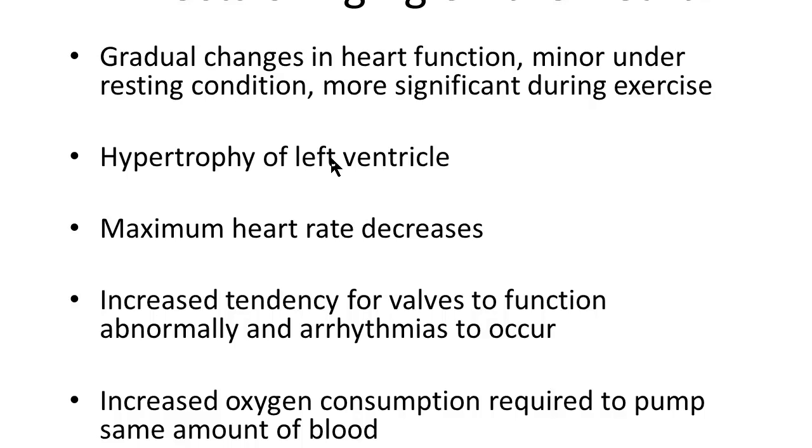And the heart can't pump as quickly as it used to. That cardiac conduction system isn't quite as efficient. The heart muscle doesn't respond as well, and the heart rate decreases, how fast that heart can pump. So that limits how much exercise that person can perform, based on the maximum heart rate decreasing, because it's not able to keep enough blood going to the working muscles.